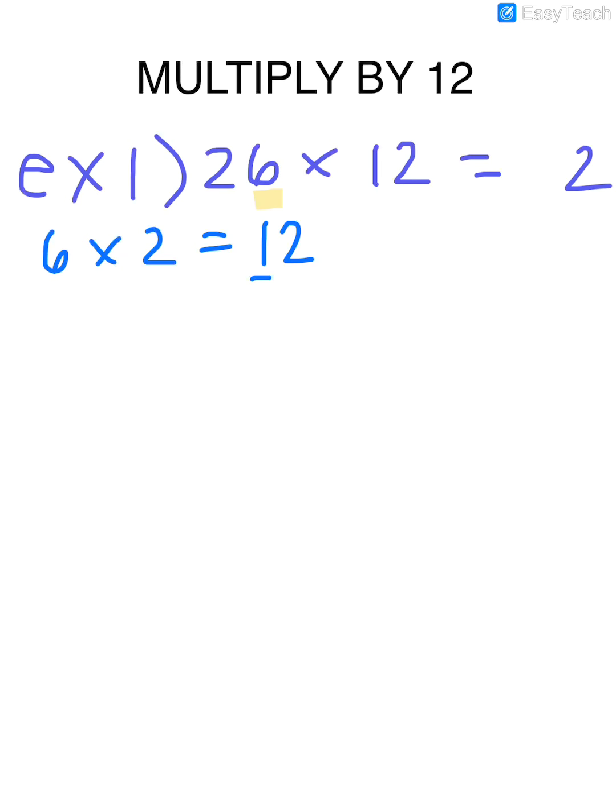Then your next step is to move left 1 digit. So I'm moving left, I'm at the 2, and we're going to double this number. 2 times 2, which we know is 4. Then we're going to add the number to its right, which is 6.